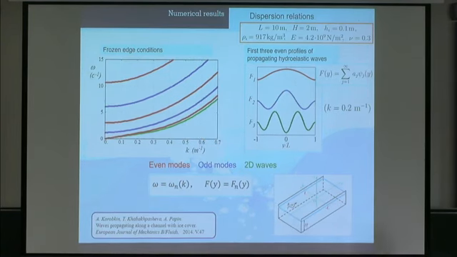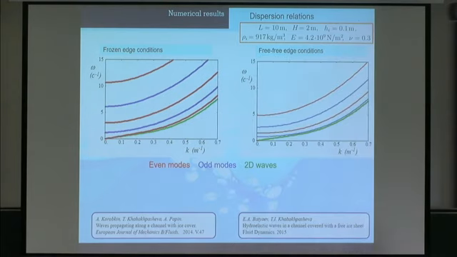That is very important, that now we have not only one dispersion curve, but we have a set of these dispersion curves. And that is a shape function, like a sloshing across the channel. And also I will show you what happens if the condition is the free condition at the channel walls, and the dispersion relation goes down.